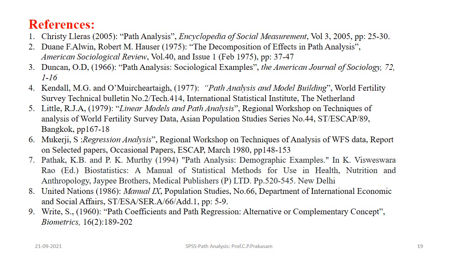Little R.J.A. has given illustrations for that. Mukherjee has described how to use path analysis for dichotomous variables. Pathak et al. have given the application of path analysis to demographic data. And United Nations Manual number 10 gives discussions about path analysis for further reading.